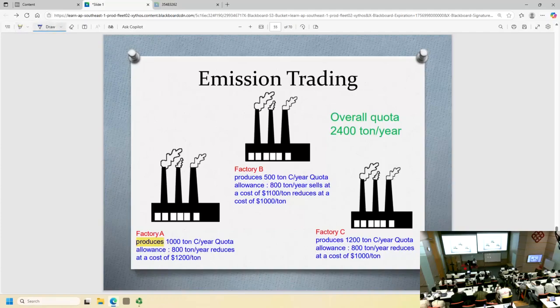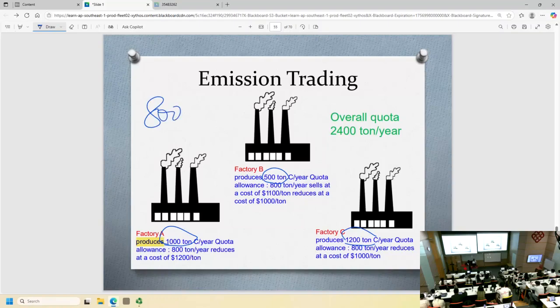For factory A, it will produce 1,000 tons of carbon dioxide equivalent. Many. And then for factory B, less, only 500. And for factory C, it will produce 1,200. And each of the factories is assigned the same amount of allowance, also 800.